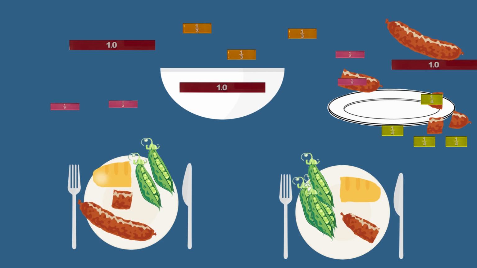The plate on the left has 1/2 of bread. It also has 1/3 of the bowl of green.